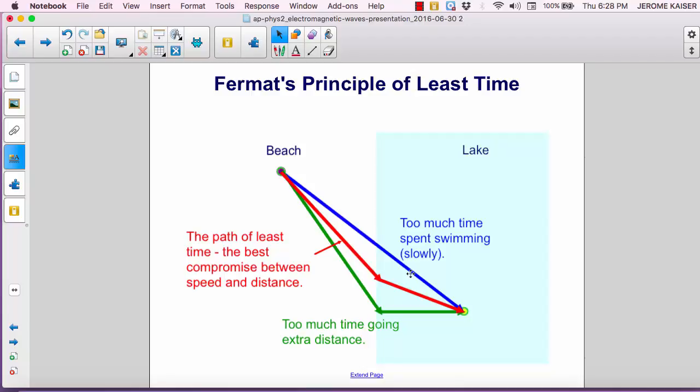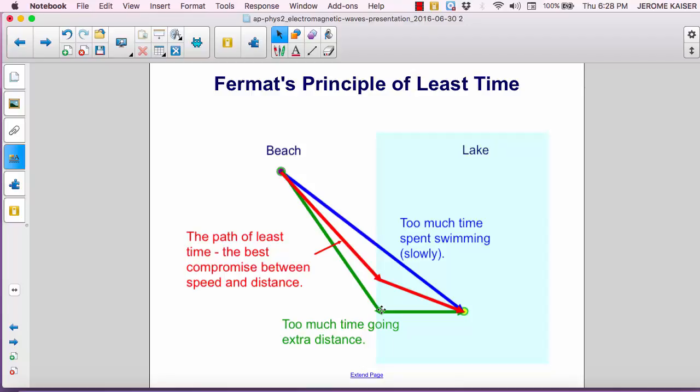All right, well, what about if I run as far as I can down the beach to minimize my distance from the shore to the boat? Well, that would be following the green path. Now, if I do that, I'm going to be doing a lot of extra distance here. So maybe I'm spending too much time running, even though I've cut my time swimming.